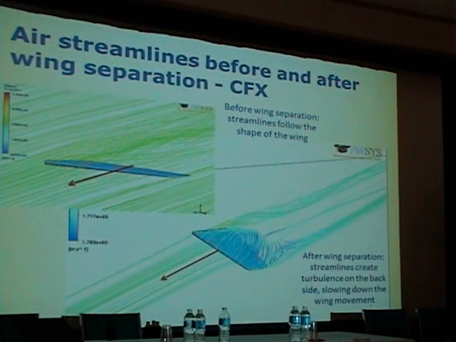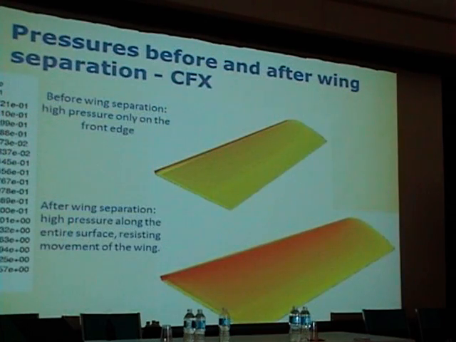The moment you separate, you see graphically, and this is calculated using rigorous CFX software, that you create turbulence on the backside of this wing. If you look at the pressure distribution, before separation you have the high pressure only at the front edge of this wing. Of course, the particles of the air hit perpendicular to the edge, so the pressure is developed.